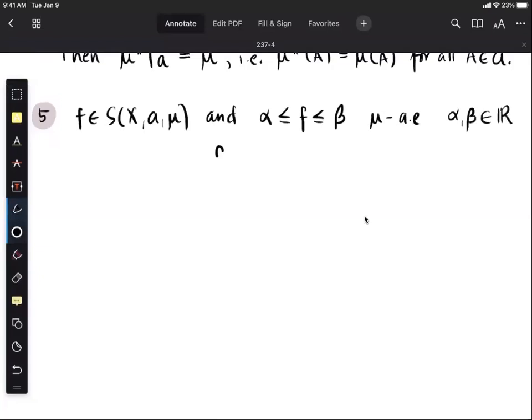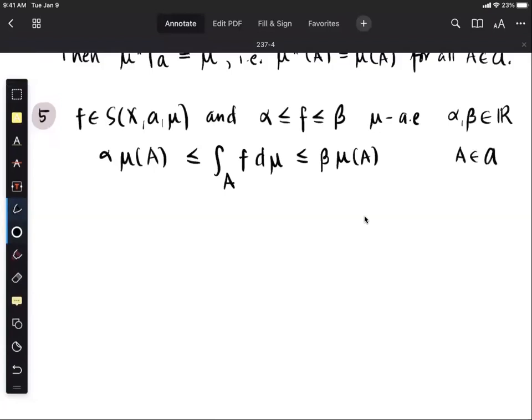Then if I integrate f over the set A, this is less than or equal to the upper bound beta times the pre-measure of A, but greater or equal to the lower bound alpha times the pre-measure of the set A. Again, here A is an element of the algebra.